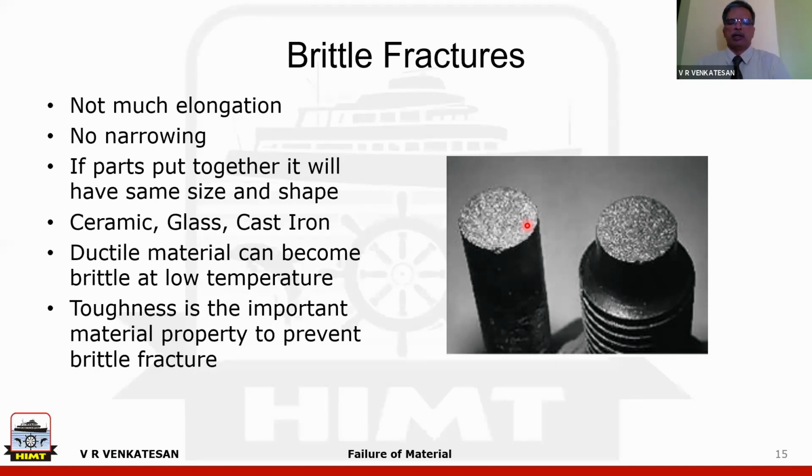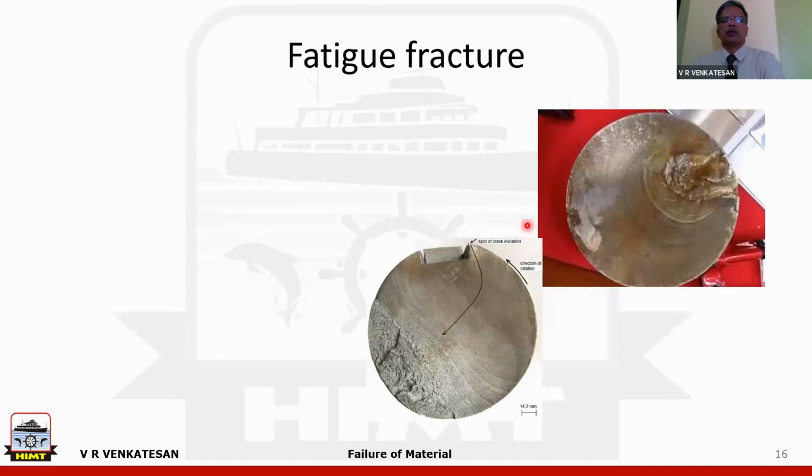And the tougher the material, it will take more energy to break. So toughness is a combination of both tensile strength as well as ductility. So if you don't have enough ductility, then it will be brittle and it will not be tough. That is the difference.